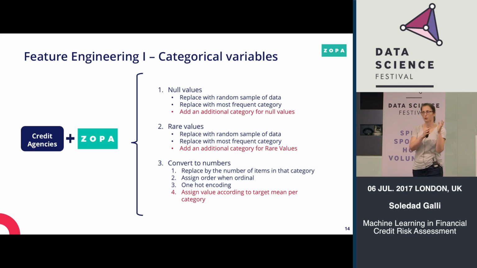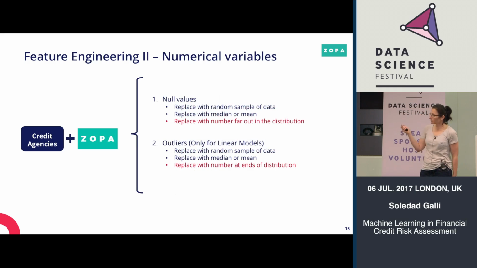Then I replace London by 80%. Then I look at the label Manchester, and I ask, how many of the customers that come from Manchester are in a good financial situation? 60%. So then I replace Manchester by 60 every time I see it. When I do that, I am already adding some information to that variable. So that's another way of doing it, which is the one that we do at Zopa.